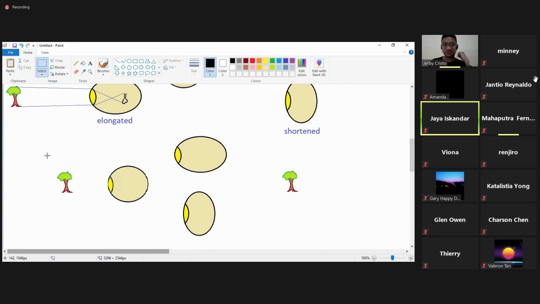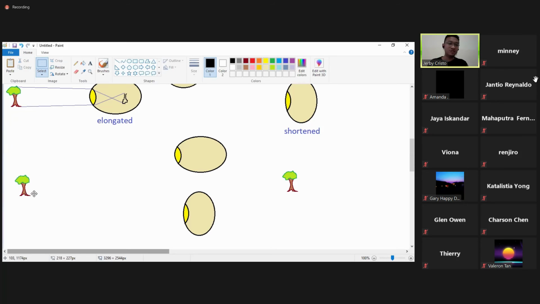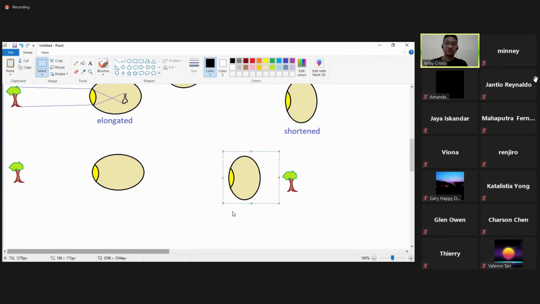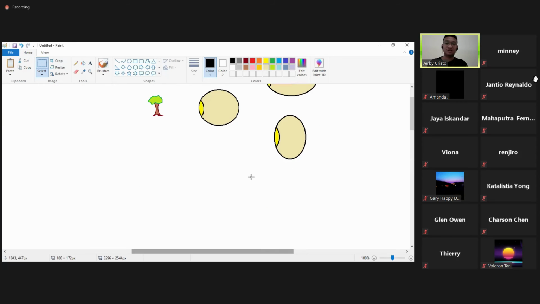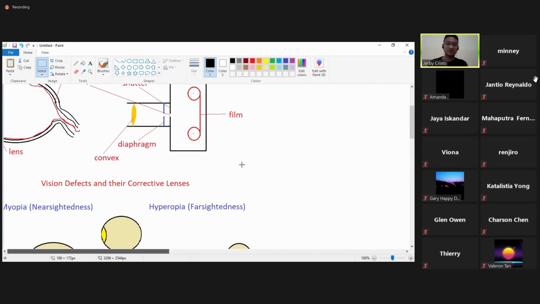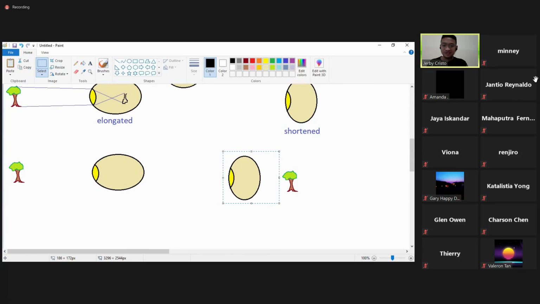Yes, we will be using a concave lens. Now, what does the concave lens do with the image? Oh, I don't have a picture of a concave lens. Wait, so let's try using a concave lens.